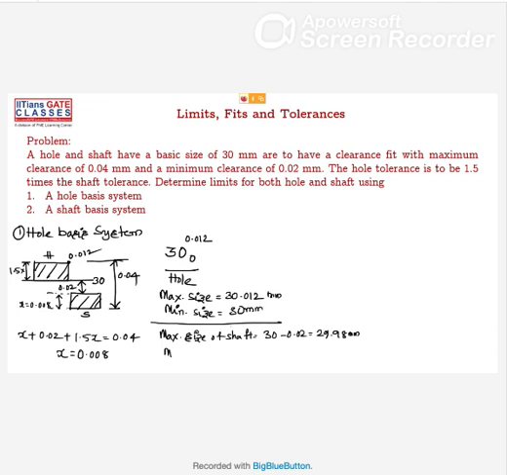And minimum size of the shaft is equal to 30 minus 0.02 minus 0.008. So this will be 29.972 mm. That is what Abhishek got. It's right. Similarly, solve for the shaft basis system.